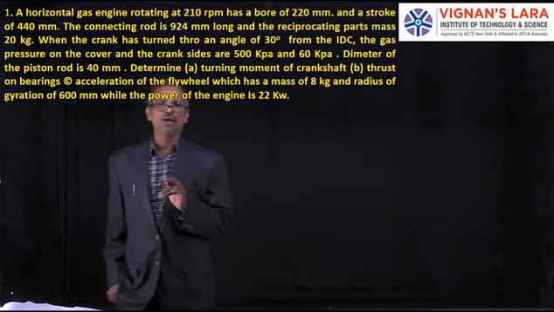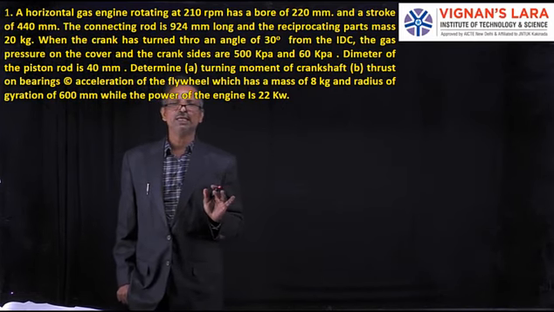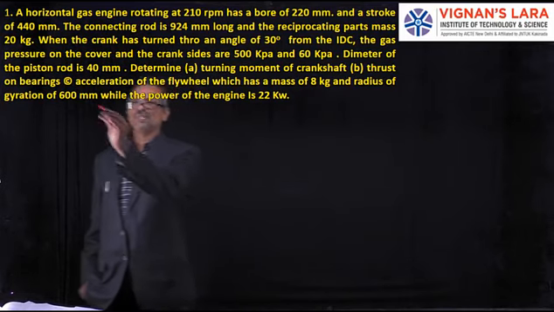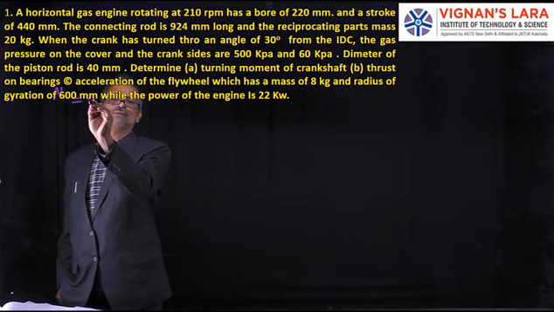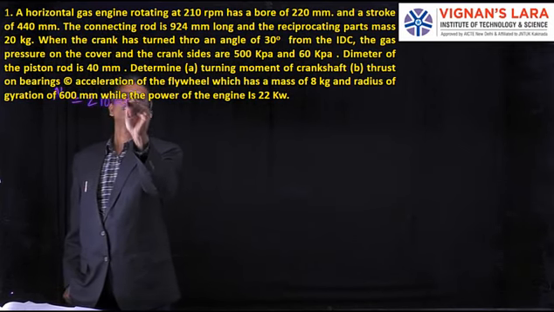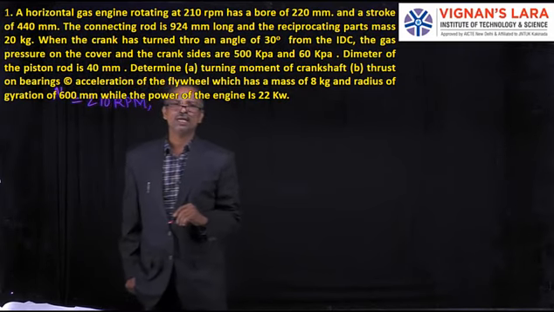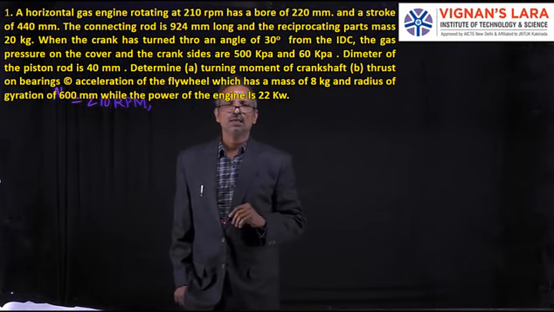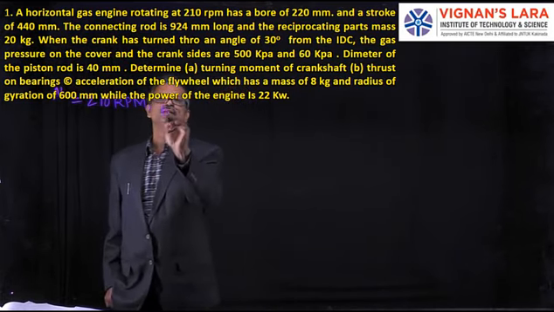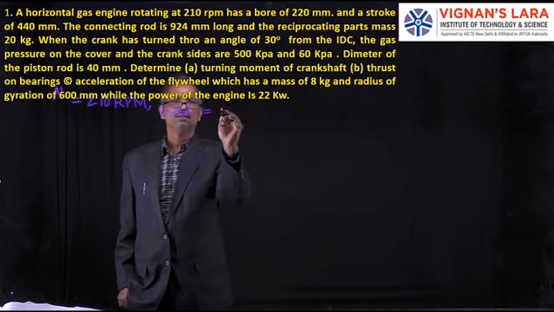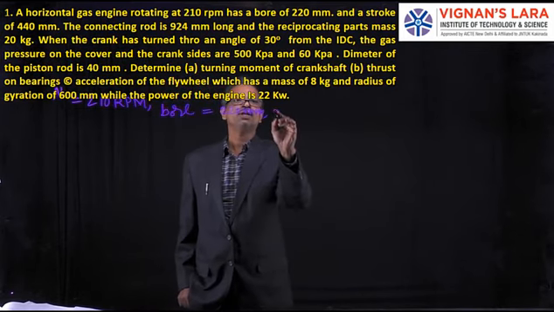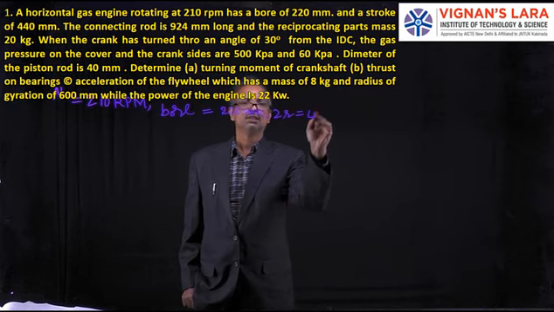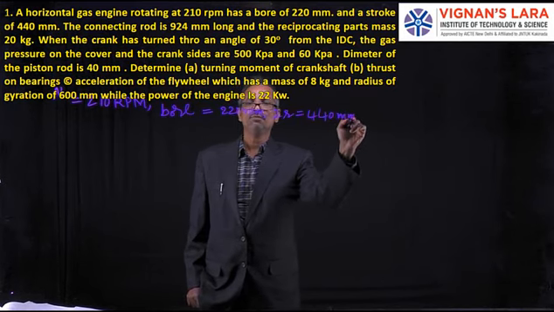It is a horizontal engine rotating at 210 rpm, so N is equal to 210 rpm. Then the bore is 220 mm. The stroke is nothing but 2R, 440 mm.